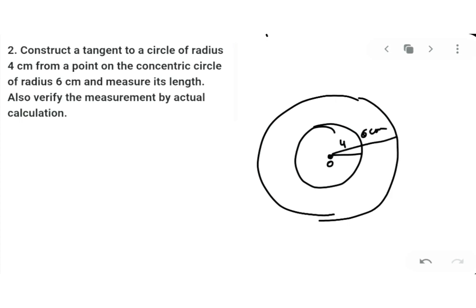You have to locate a point P on the 6 centimeter circle. Where will you locate the point P? Anywhere, if you want, you can put it anywhere. I'll put point P here, suppose. This is my point P. Join OP. So I have joined this OP already.